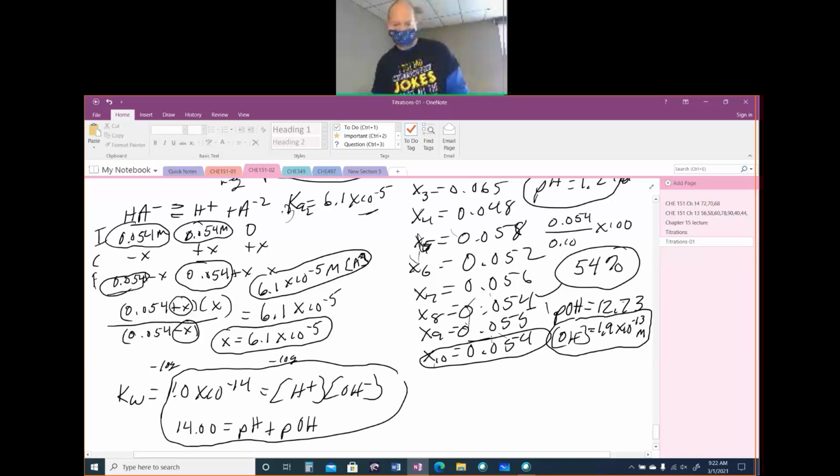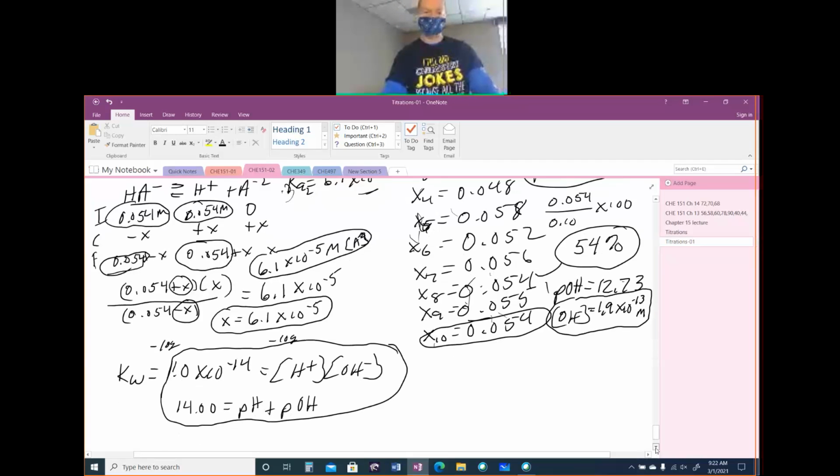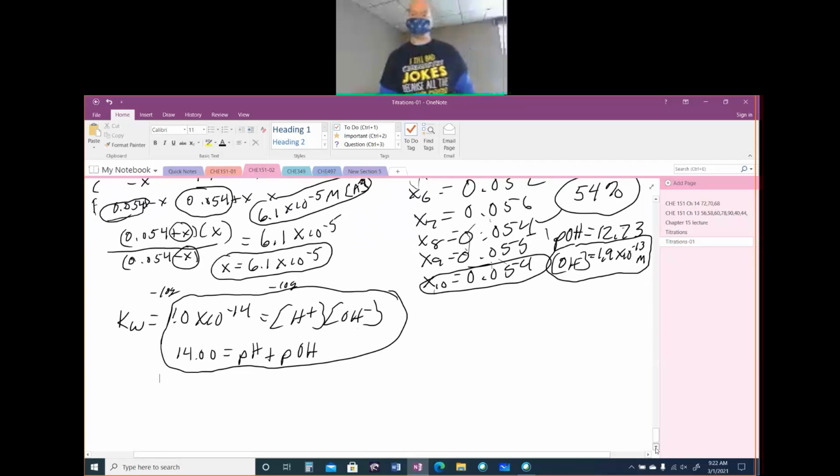These are exactly the same equations. So it doesn't matter if you solve for the pOH by getting the OH minus concentration and taking the negative log of that, or if you take 14 minus your pH. Again, that is mathematically the same.